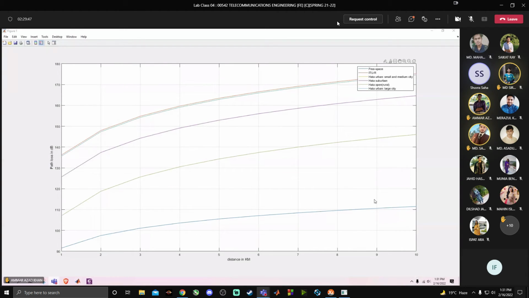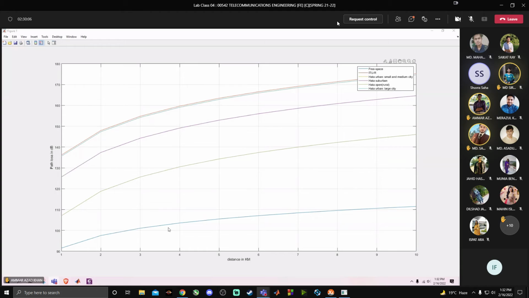So first of all, the first observation is that for all the path loss models, as you can see, as the distance between the transmitter and receiver increases, path loss is increasing, and that is a very common thing to understand. Distance will be more, path loss will be more. This is a general observation.